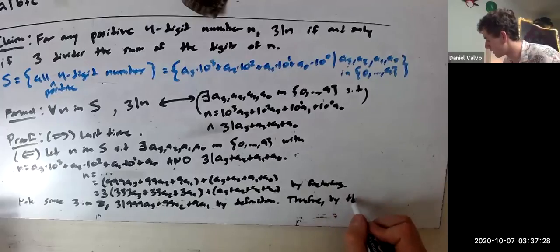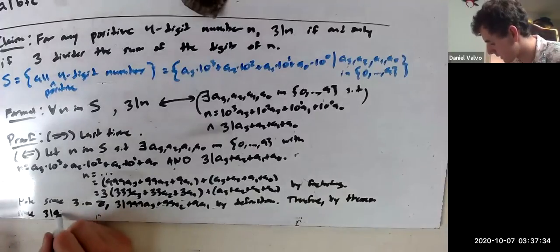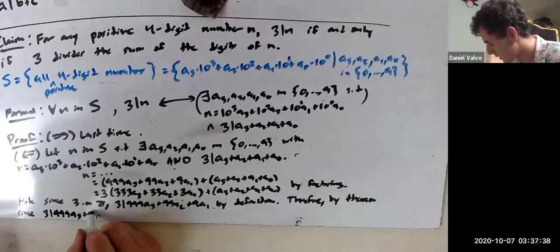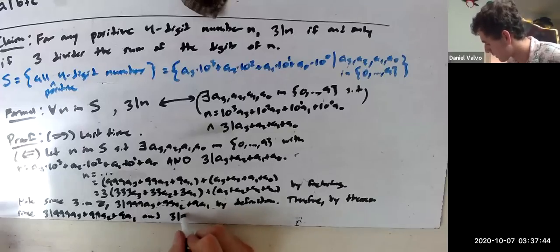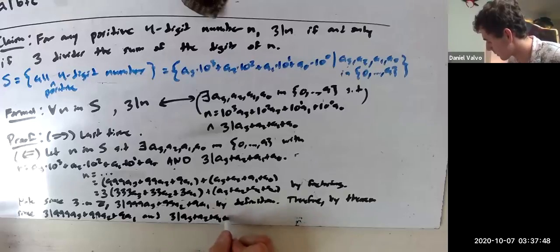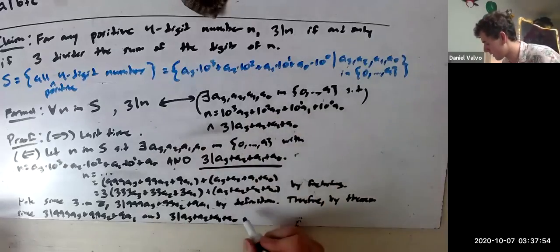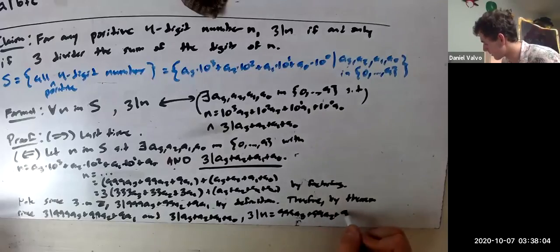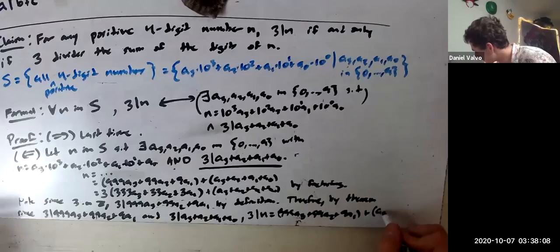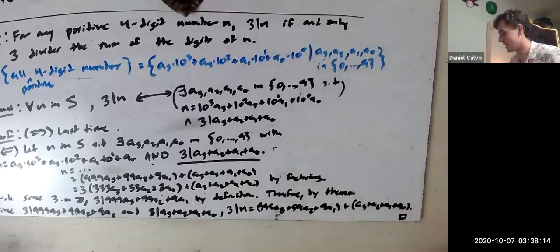Therefore, by theorem, since 3 divides 999 A3 plus 99 A2 plus 9A1, and 3 divides A3 plus A2 plus A1 plus A0, that was by the assumption of the problem, since we're starting here and trying to get here, 3 divides n, which equals 999 A3 plus 99 A2 plus 9A1 plus A3 plus A2 plus A1 plus A0. Done.